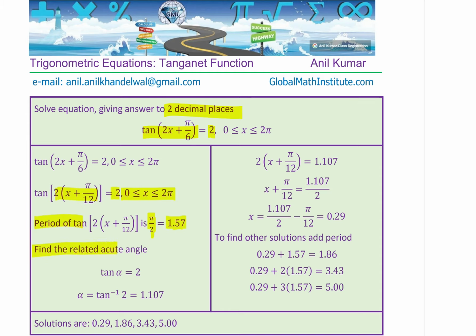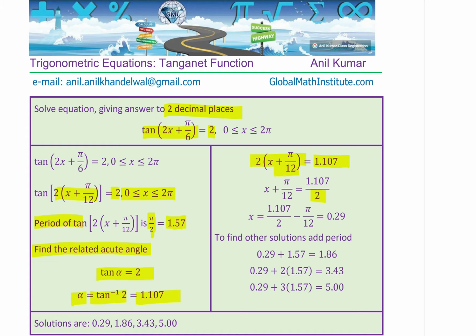Now let's find the related acute angle. Tan alpha is equal to 2. So alpha is tan inverse of 2, which gives us the value 1.107 radians. So now we know that 2 times (x + pi/12) is equal to 1.107. We can divide by 2.